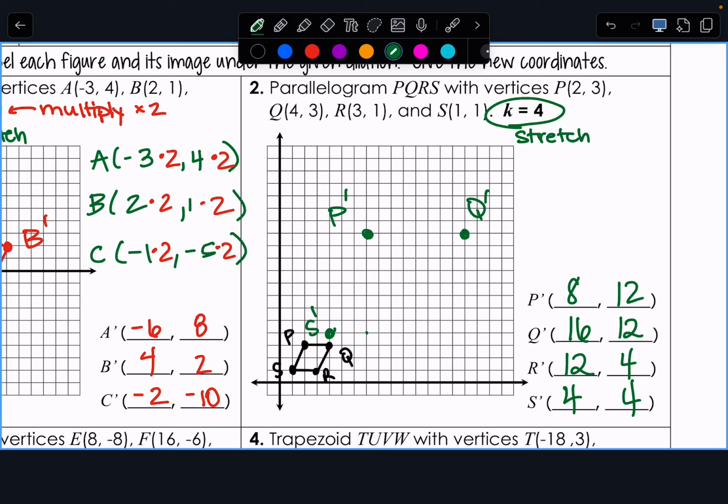Here's the new Q. Okay, so what I want you to do, take a moment and go ahead and plot those 4 coordinates so that your picture looks like my picture. We have the same 4 coordinates, we just agreed upon them. So take some time. The picture is important to have so you can see the visual of the pre-image to the image.